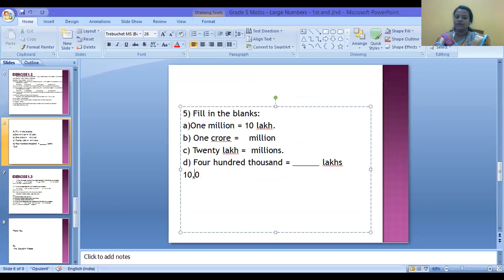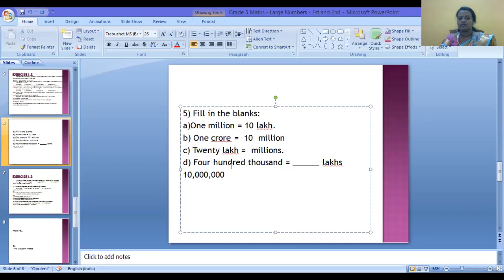Same goes for 1 crore, when I write it in the form 1, comma, 0, 0, comma. If I separate this in the international system, in this pattern, I'll get the answer as 10 millions.